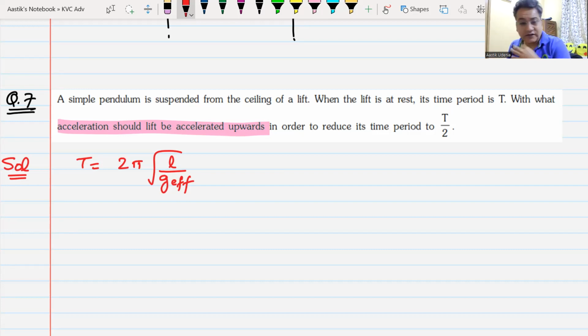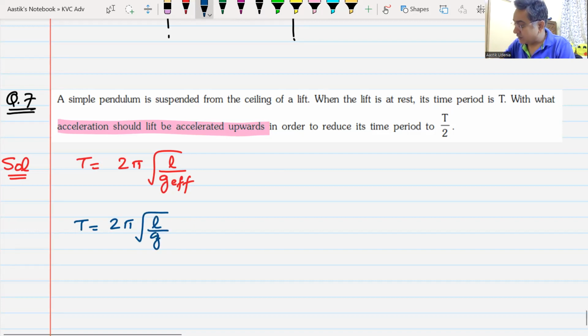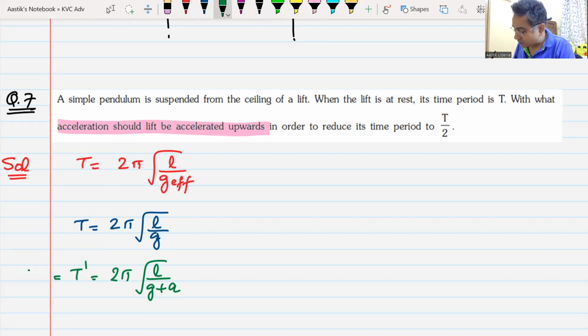L by g effective. Now the lift is moving upwards, so g effective becomes g plus a. So the original time period, if I write it, T equals 2 pi root over L by g. The new time period, T dash, equals 2 pi root over L by g plus a, and this T dash should be equal to T by 2 because it has to become half.